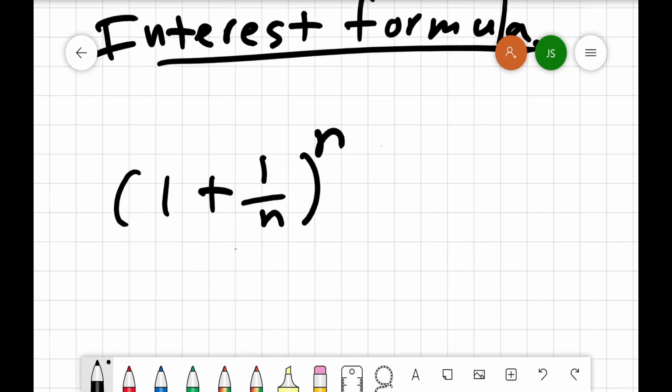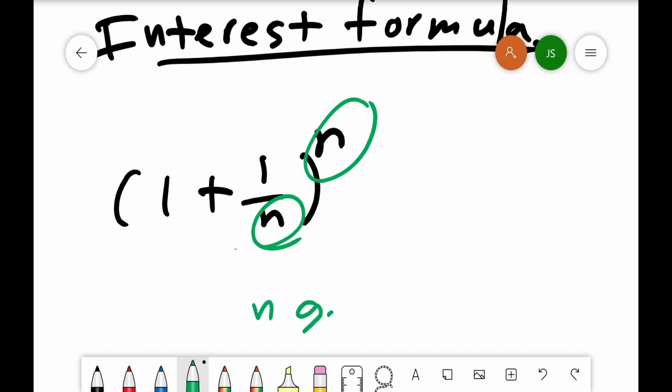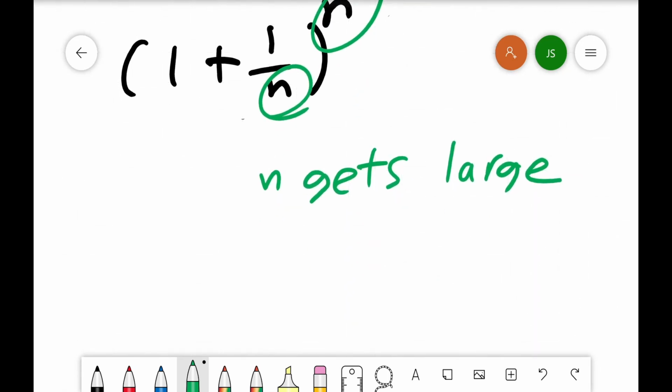So if I compound this more and more and more, remember the number from the last section, subsection, it got larger and larger and larger, but it actually started leveling out at a specific number. So when I increase this n value, so n gets large, and I mean positive, so in our end behavior notation, that would be as n goes to infinity.